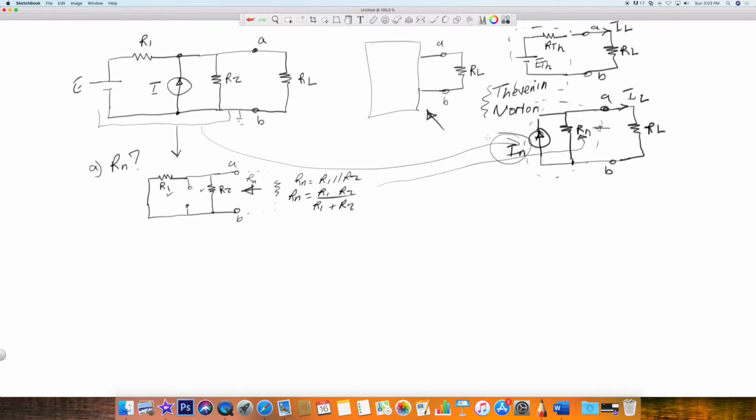Now we want IN, and we're going to do it in several steps. Just like we did with Thevenin, we're going to put back our sources one at a time, and we want to figure out what current each of these systems will generate.